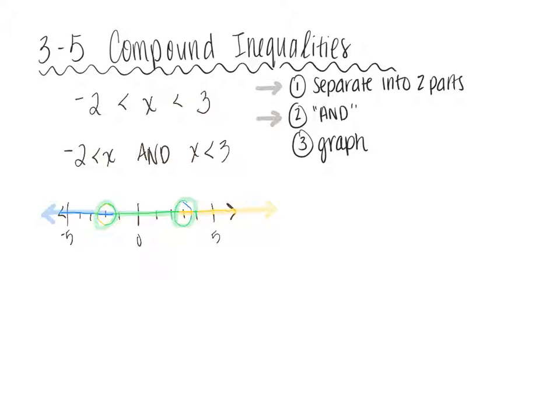Hopefully you recognized that the solutions in between my two circles were solutions, and that it's anything that is not 3 and is not -2, but it's everything in between 3 and -2. And that is my solution.